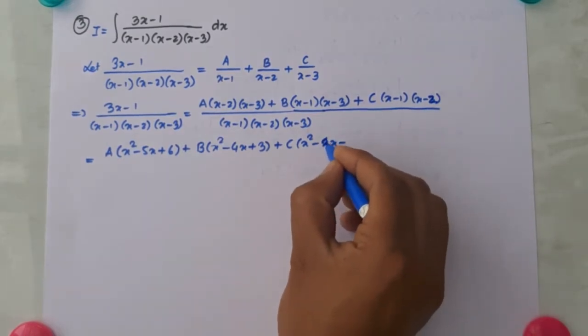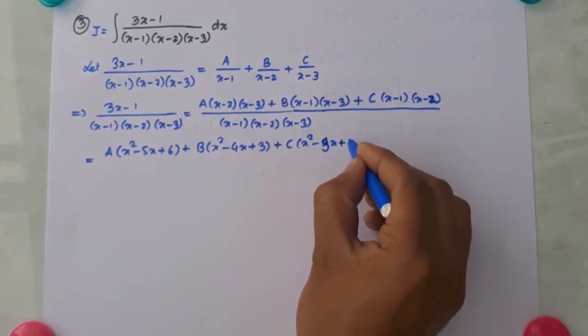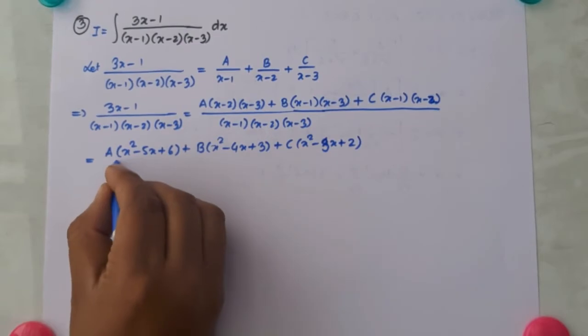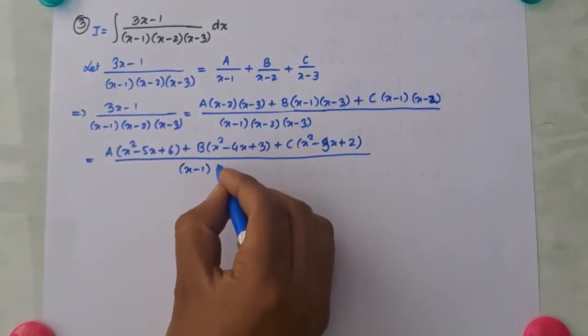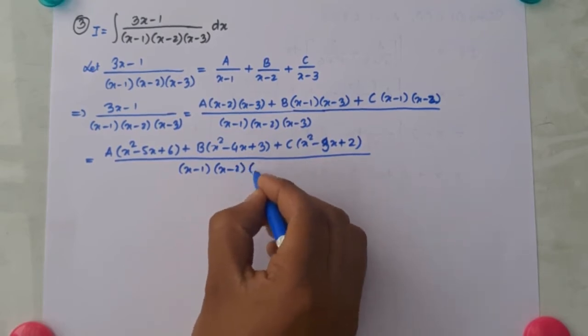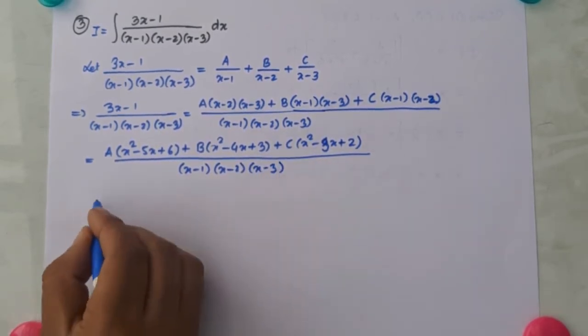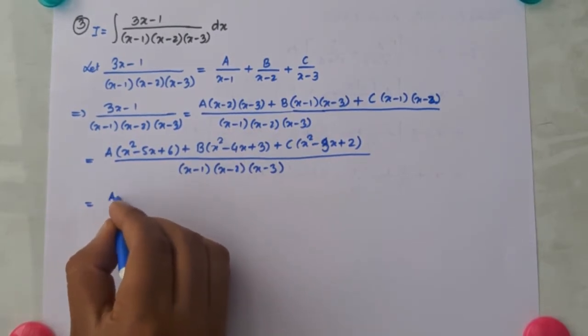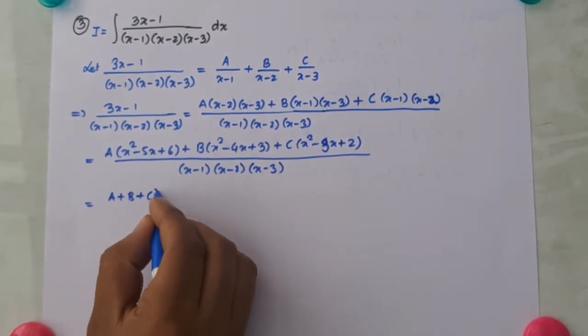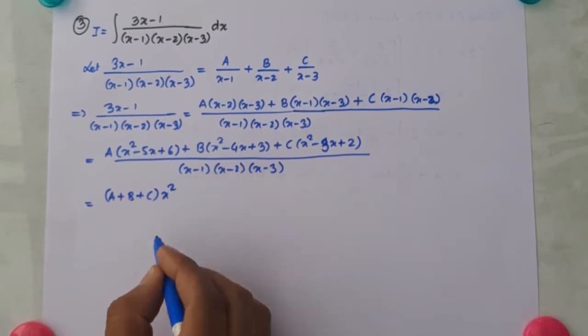Okay, so this becomes (3x + 2) divided by the same quantity (x - 1)(x - 2)(x - 3). Okay, so here you get (a + b + c)x², that's what you get.